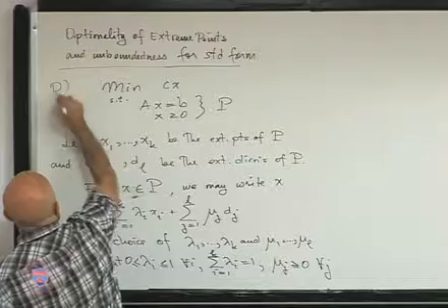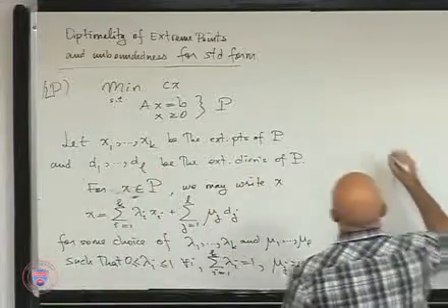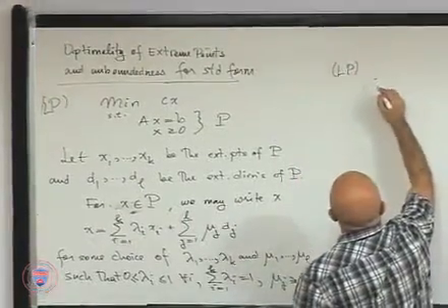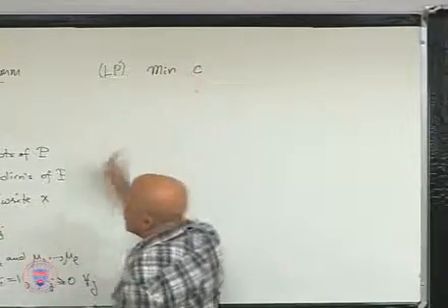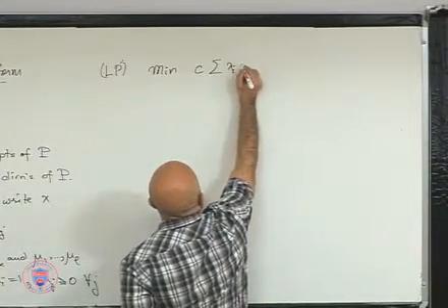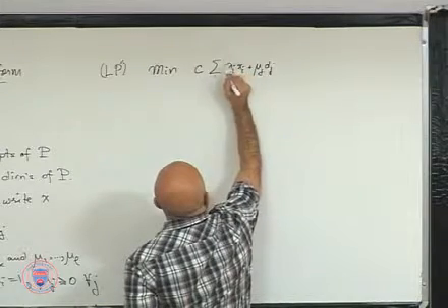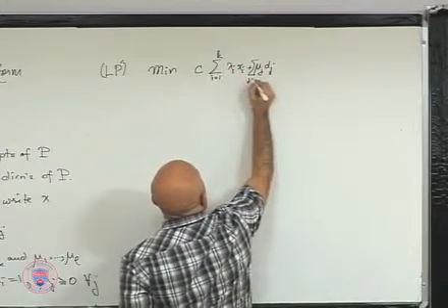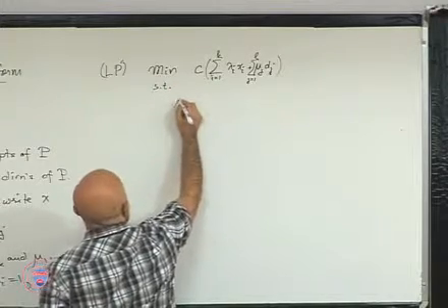So if you call this problem LP, where P is the polyhedral set, then we may rewrite LP in the following equivalent form. Let's call it LP prime. We're minimizing C times x, where x is this expression, subject to A times the same thing equal to b.